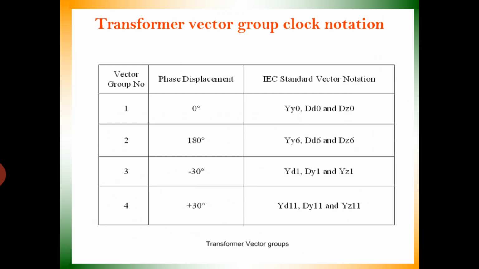Similarly, the third notation, YZ11, means interconnected neutral, not star, interconnected neutral. That is shown with the help of Z. The small z shows that our low voltage interconnected neutral winding leads the star connected high voltage winding at an angle of 30.